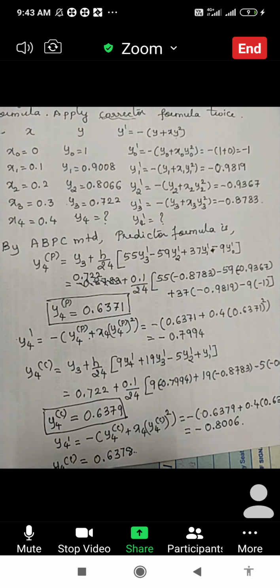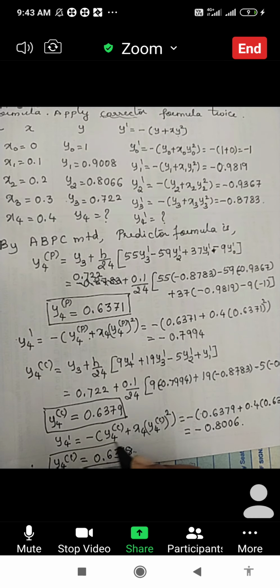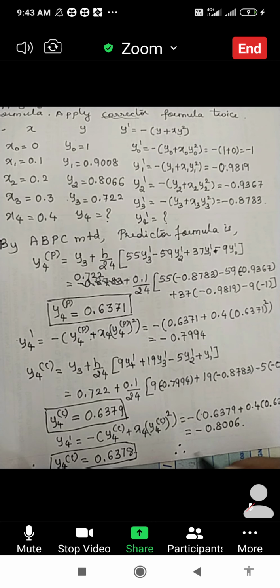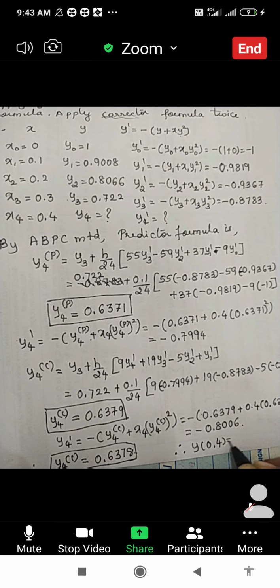Okay. This is again by the corrector formula. Now write the final conclusion. What is this representing? y when x is x4, and x4 is 0.4. So therefore y of 0.4 is 0.6378.